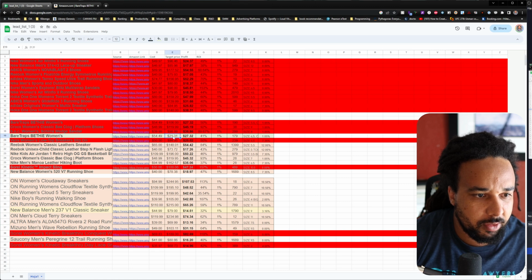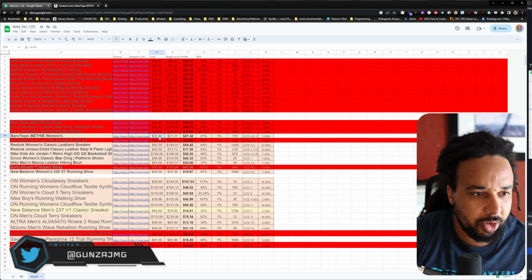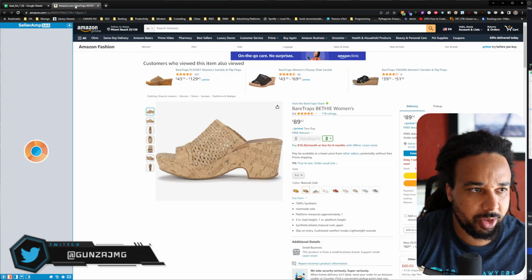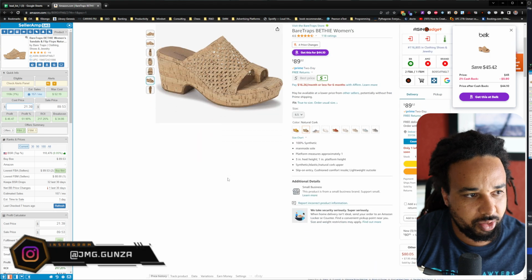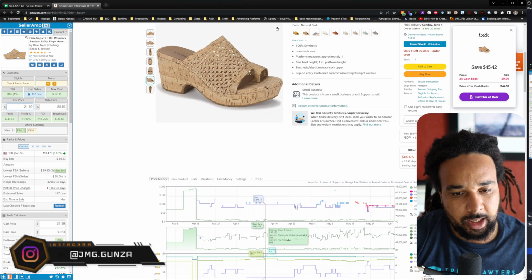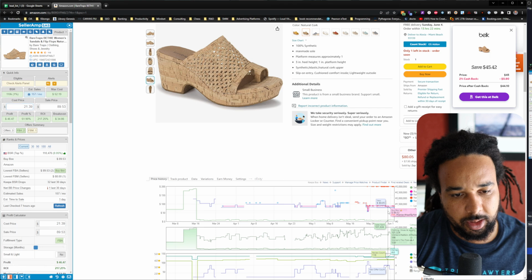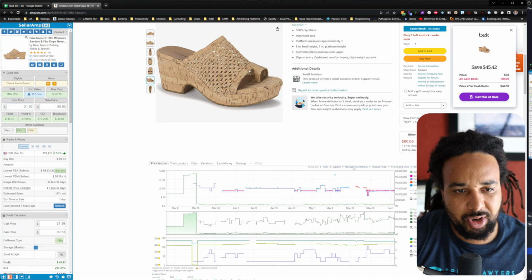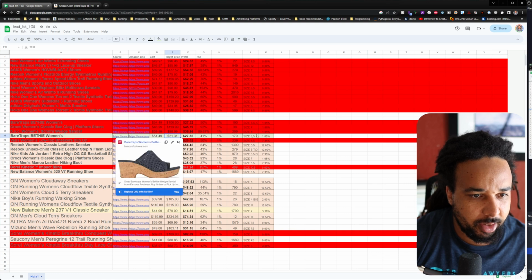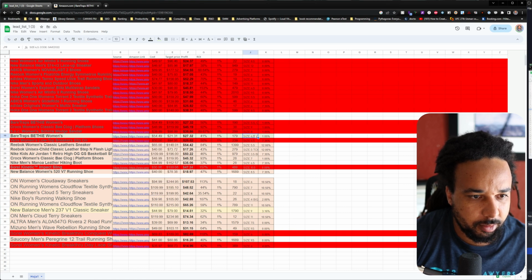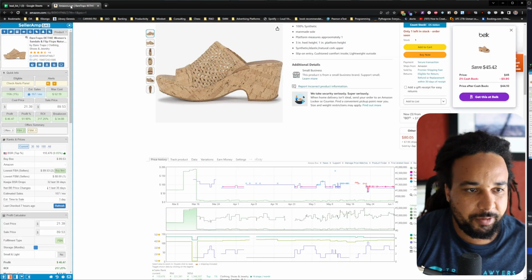So I think there's an error right there, because he said cost 54, target price 21.31. I assume it's the opposite. So 21.39 right here. So $200, 200% return on investment. Okay, so if you actually get it at this price, this is a good lead. But okay, let's give it the benefit of the doubt.